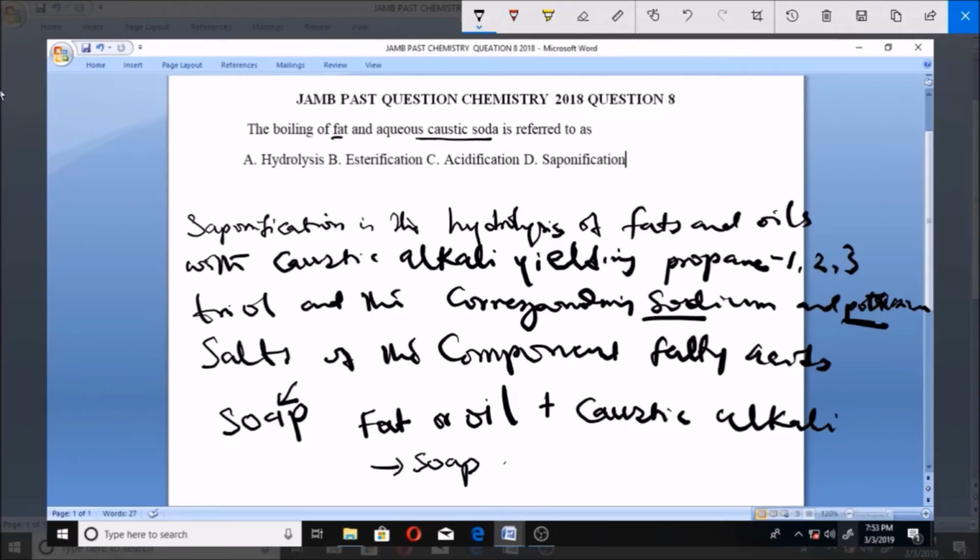And you know that soap is actually the sodium and potassium salts. That's the soap. Then what else do we have? You now have what we call propane-1,2,3-triol. So that's how you produce your soap. This is the process of soap formation, saponification, and that makes D the right answer. Thank you.